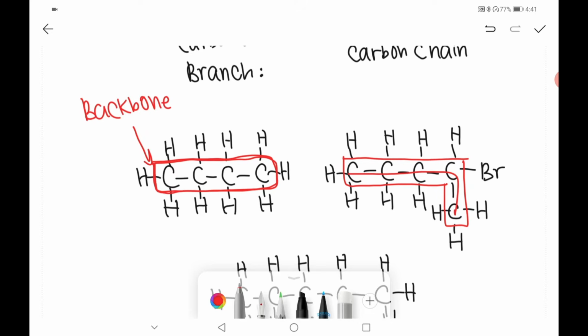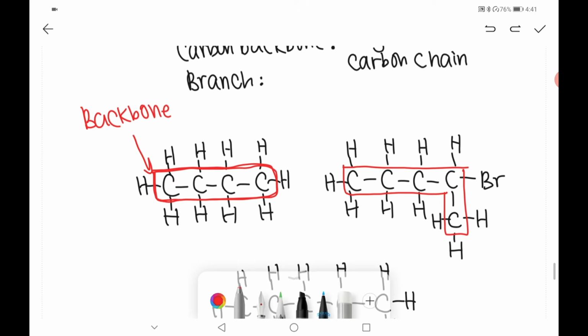Like you see here, 5 carbon like this, continuous. So 1 2 3 4 5 continuous. So this 5 carbon is the backbone.